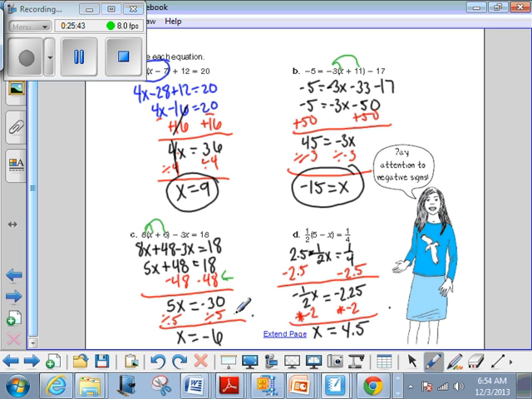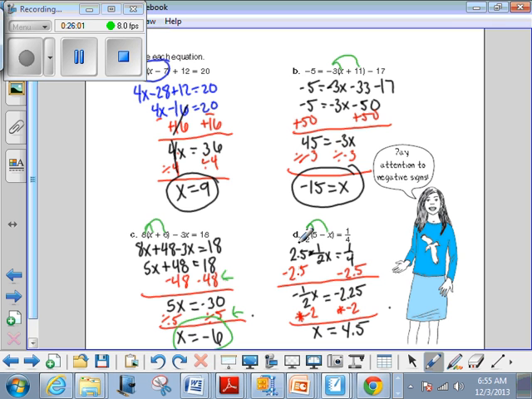Half of 5 is 2.5, minus 1/2 x, which is equal to 1/4. So then I subtracted 2.5 from both sides, which left me with just -1/2 x is equal to -2.25.